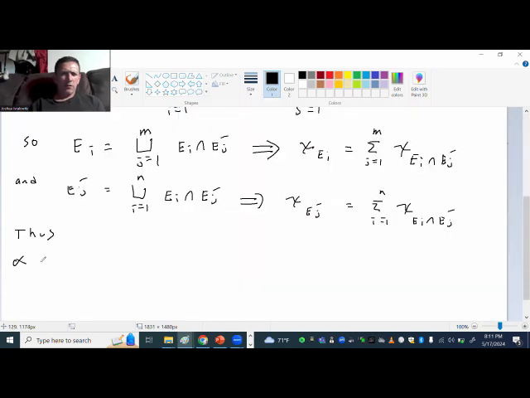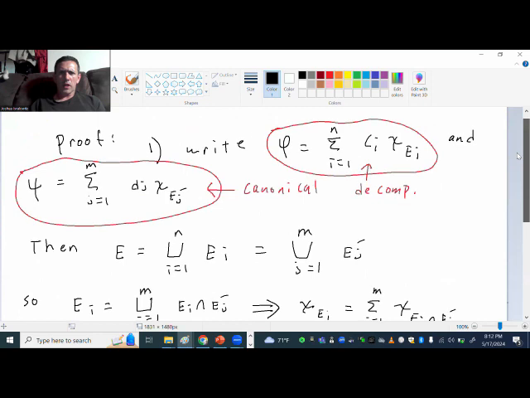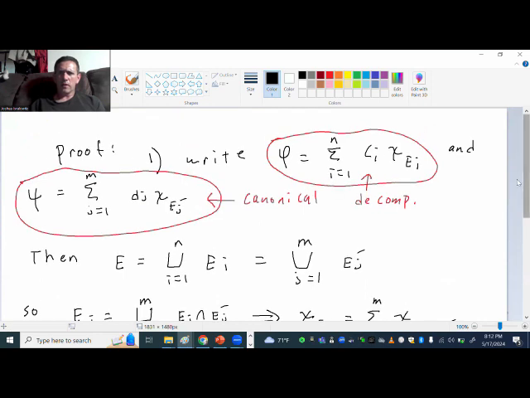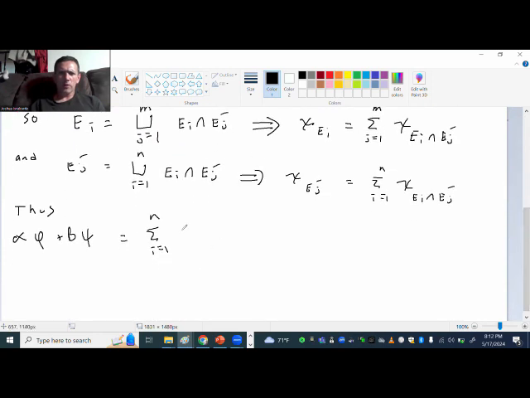So that means that alpha phi plus beta psi. I'll probably put more detail than I should, but that's fine. Strictly speaking, this is literally just multiply this by alpha, this by beta. I'm not really doing anything here.